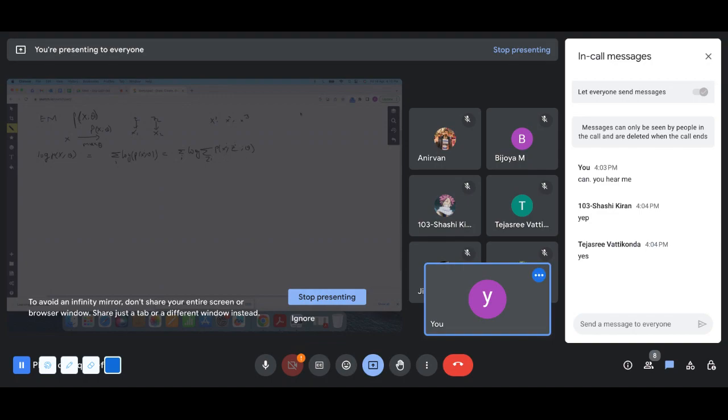Summing over zi, p of xi, zi is nothing but p of xi given theta. Now when you try to differentiate with respect to theta, this becomes intractable.